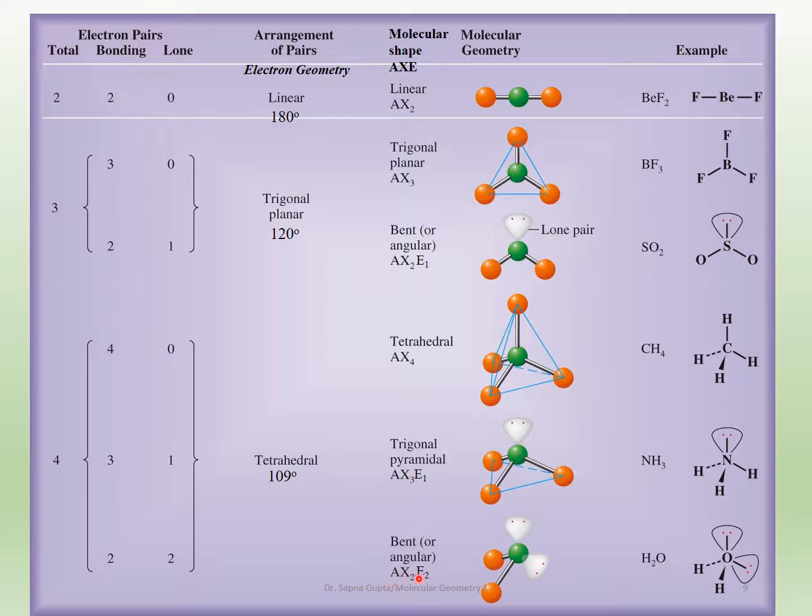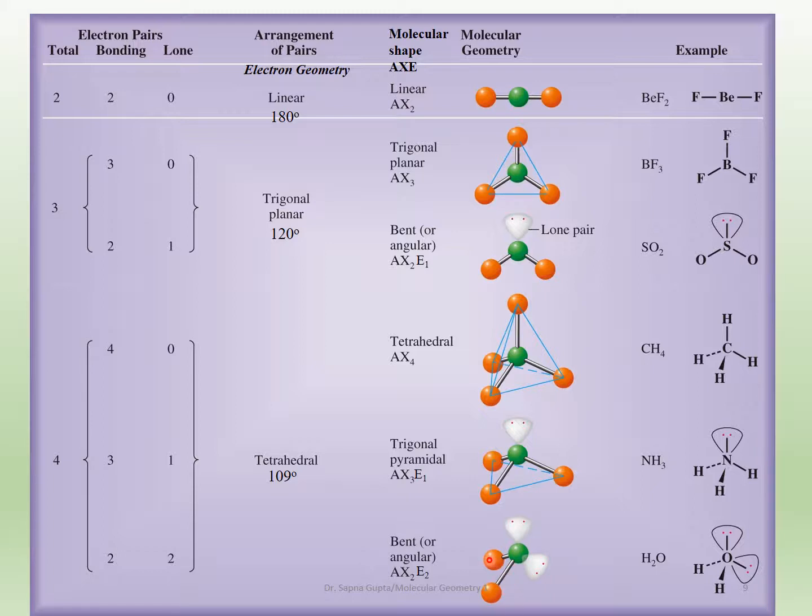The formula is AX2E2: a central atom A, two atoms for X, and then two electron pairs, all right. And the shape is bent because these two electron groups don't have any atoms, okay, to show for. So this is what the molecule will actually look like.